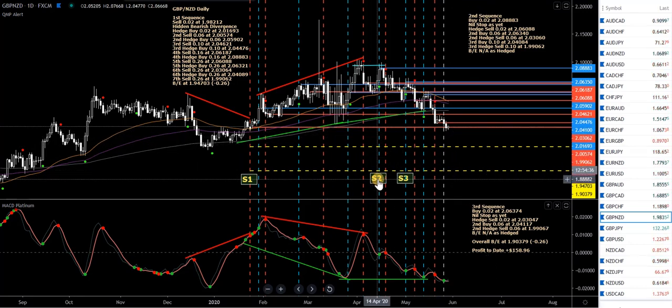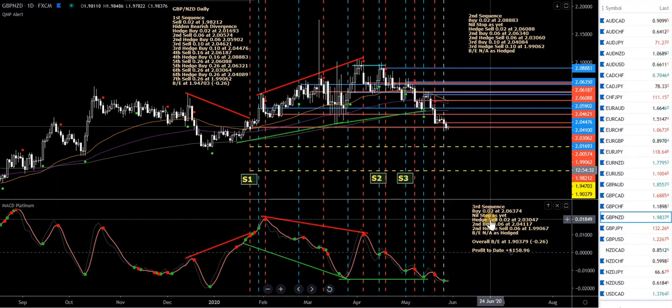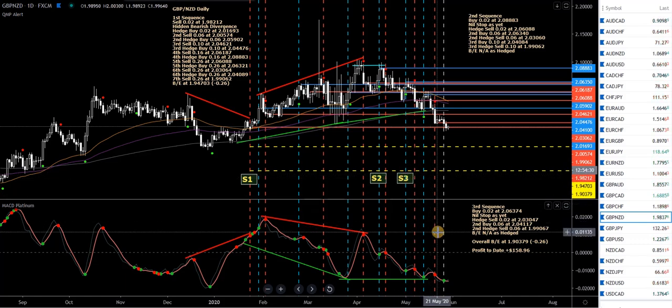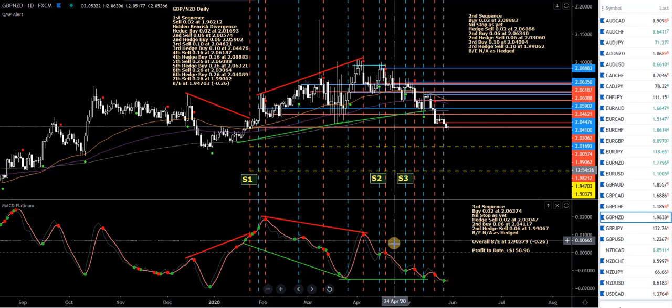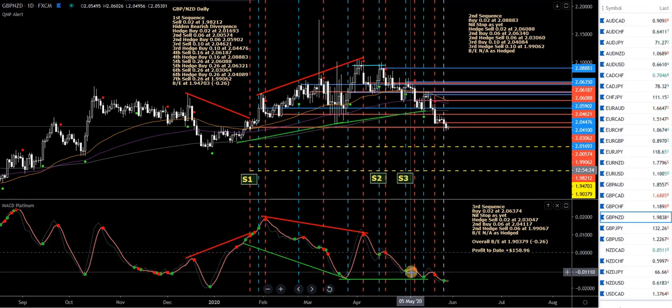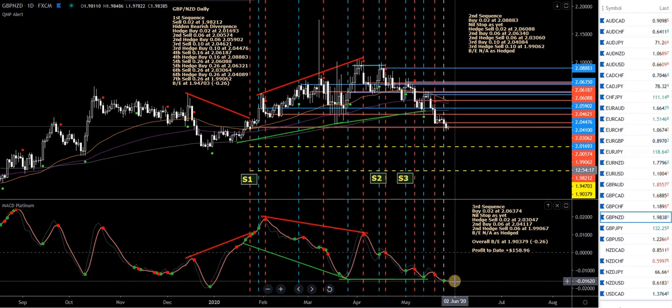Sequence two started with a buy, and that is hedged at the moment. Sequence three started with a buy, and that's hedged at the moment. And this is where they are in here. And what else? So we're below the zero level of MACD Platinum. We've got another warning line here.